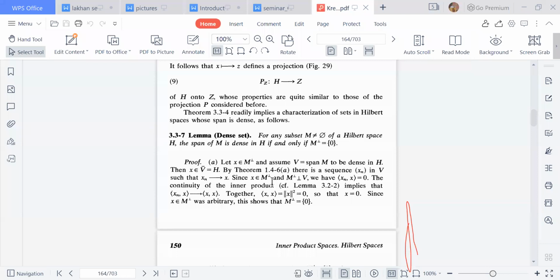Since X belongs to M complement, and M complement is orthogonal to V, we have inner product of Xn comma X is equal to 0.